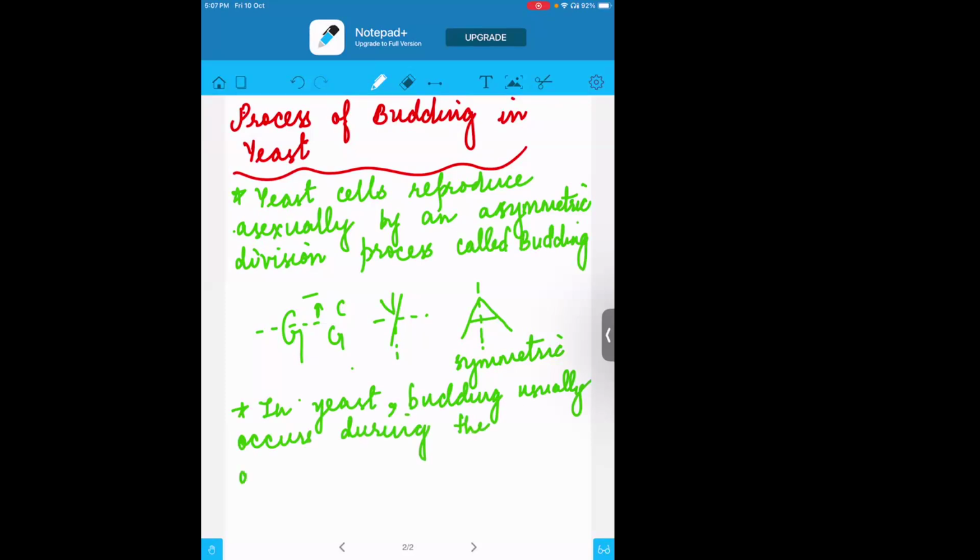So when they get so much nutrition, then they start this process where they form the bud on the body of themselves.